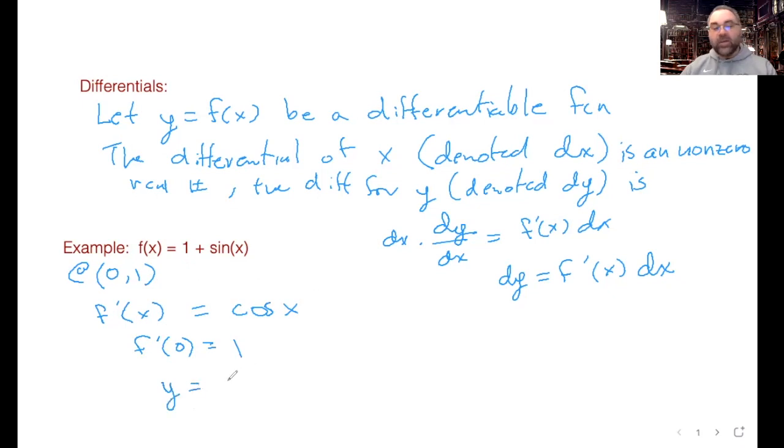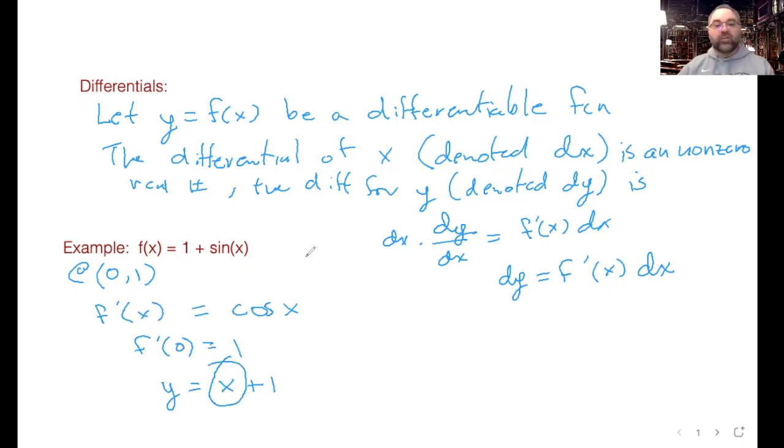If I use y equals mx plus b, you just get y equals x plus 1. Okay, and so my differential, dy, comes from the slope in here, where we have it multiplying by x.